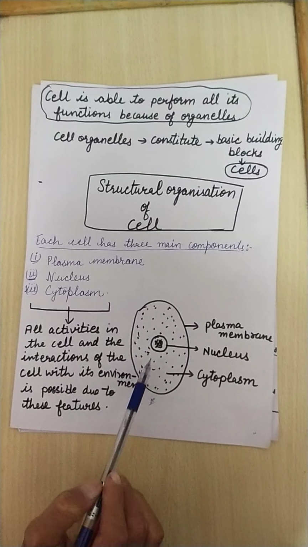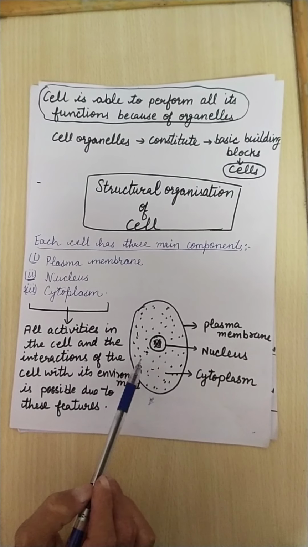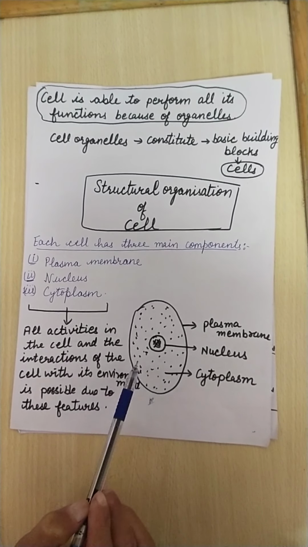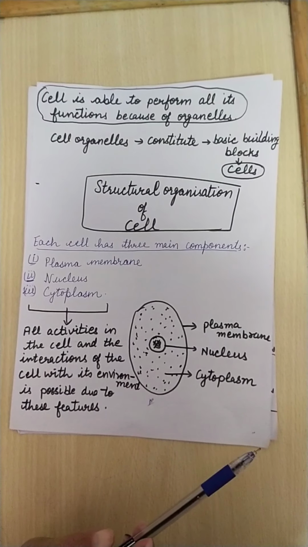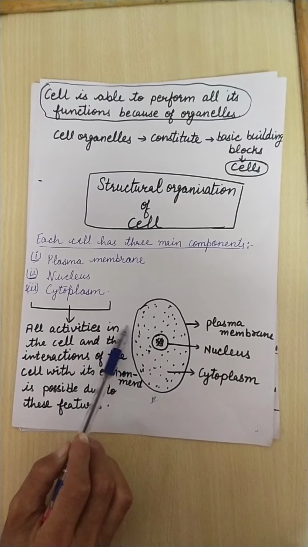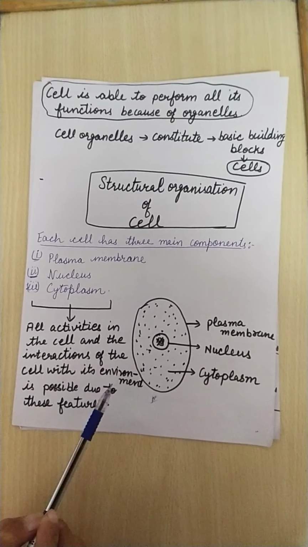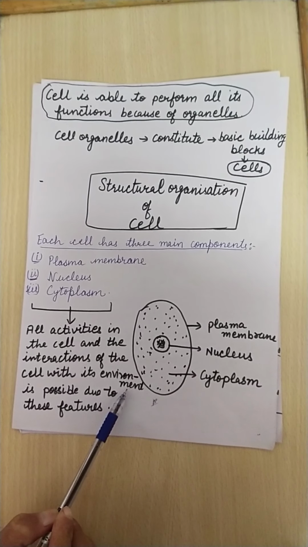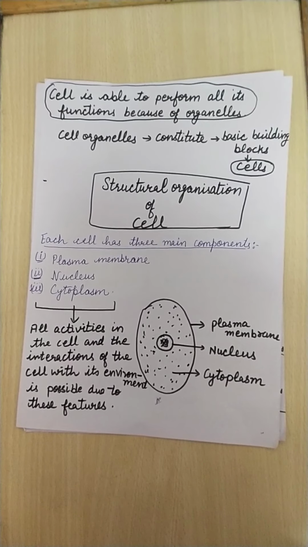Then there is the cytoplasm, which is the fluid component, and in this cytoplasm various cell organelles float. The detailed structure we will do later in the chapter. All the activities in the cell and the interactions of the cell with its environment are possible only due to these three features.